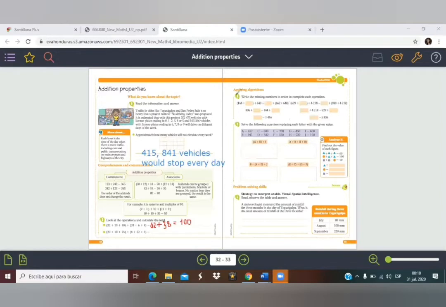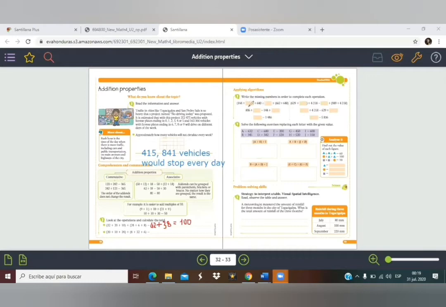Now, go to exercise number 3. Write the missing number in order to complete each operation. As you can see here, we have operations with missing numbers. For example, here in the first one, we have in parentheses 144 plus blank plus 640.